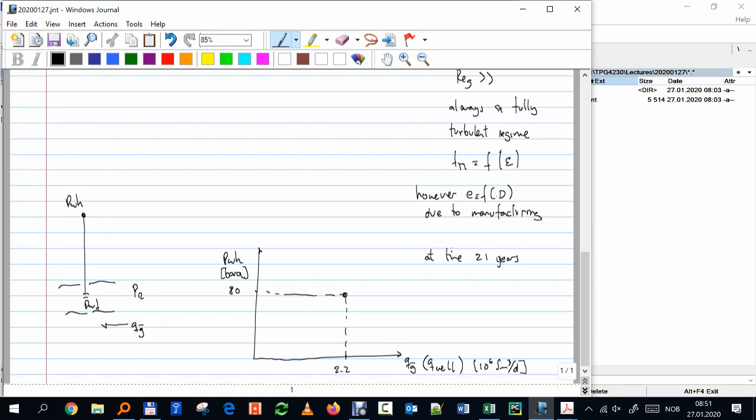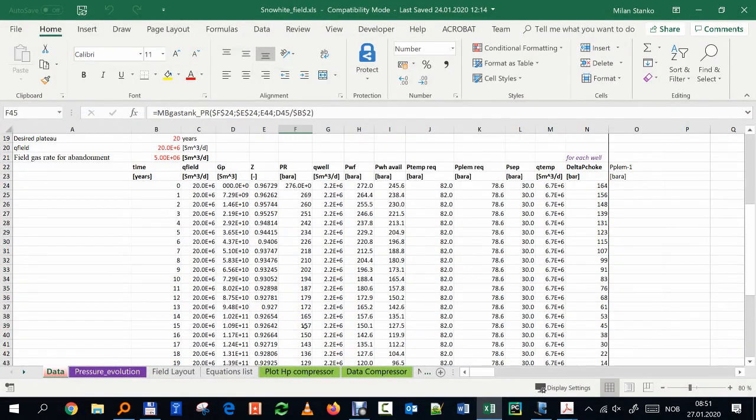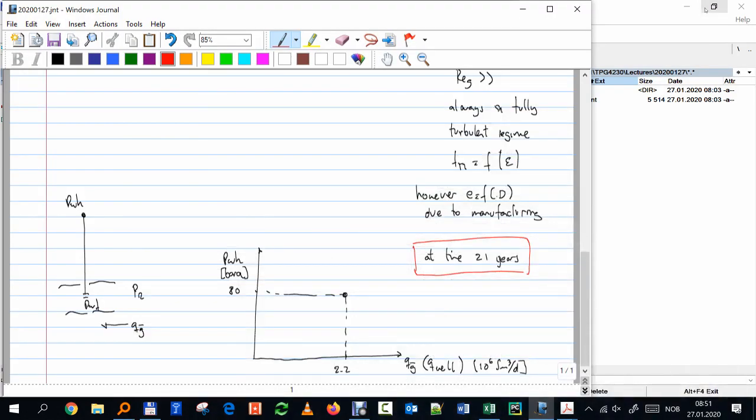Now at that particular time, that means the reservoir pressure is constant. Reservoir pressure is 115.